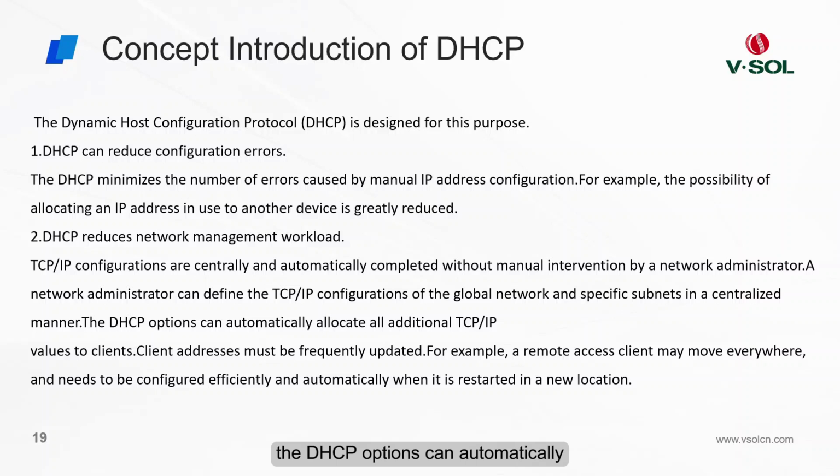The DHCP options can automatically allocate all additional TCP or IP values to clients. Client addresses must be frequently updated. For example, a remote access client may move everywhere and needs to be configured efficiently and automatically when it is restarted in a new location.